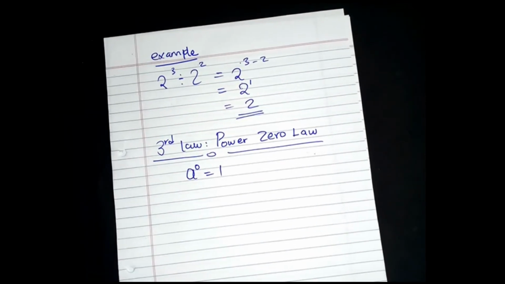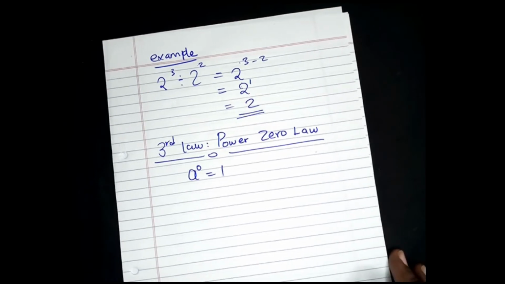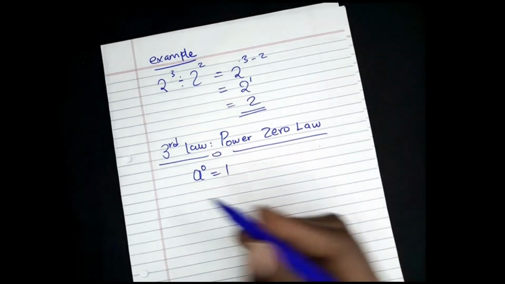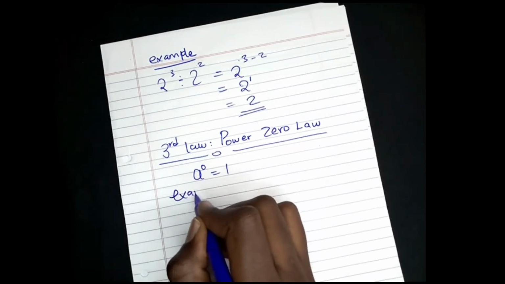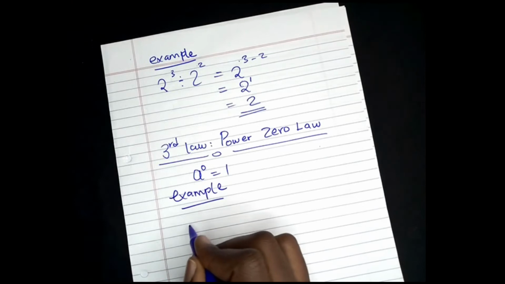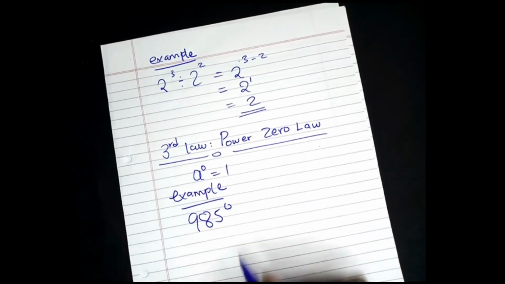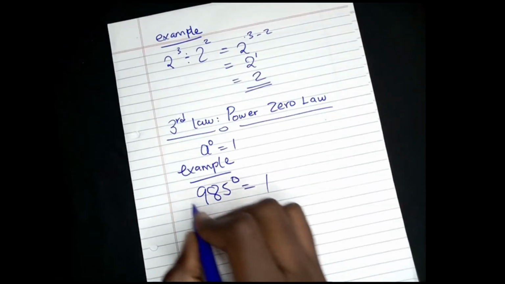And what the power zero law entails is that the value of any number raised to the power 0 is 1. And so, for example, if you are given this particular number, 985 to the power 0, the answer is 1.